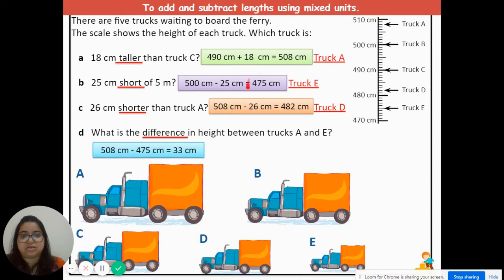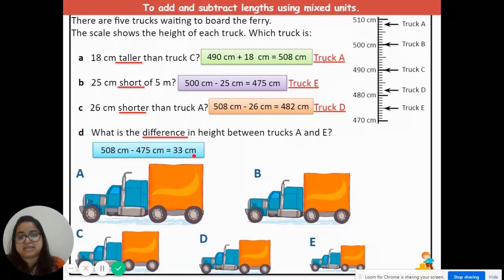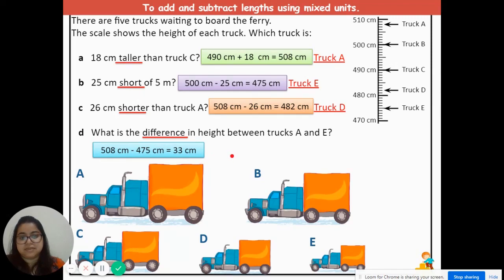Truck E, we had already found out, 475 centimeters. So 508 centimeters minus 475 centimeters is equal to 33 centimeters. I hope all of you have got your answer correct.